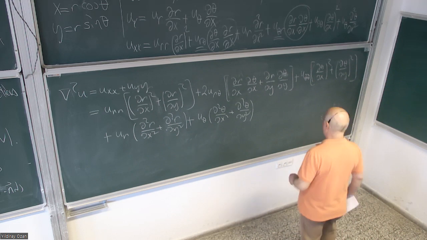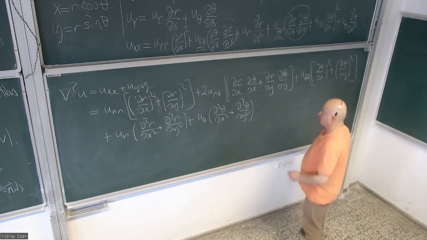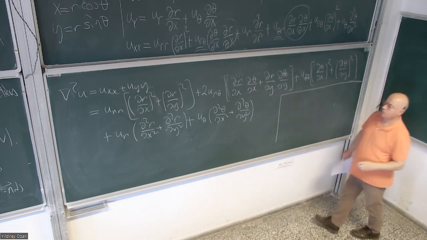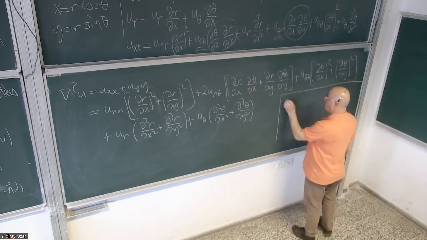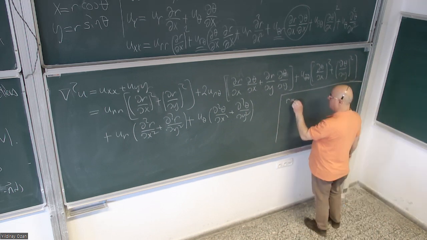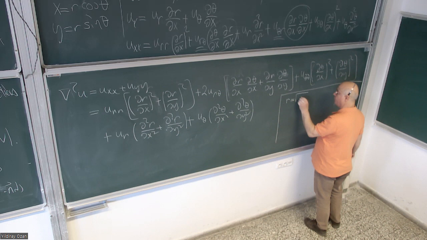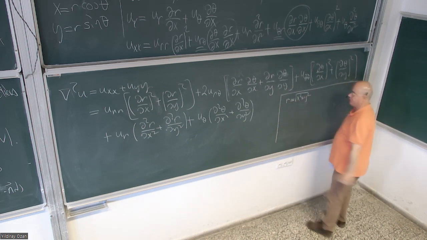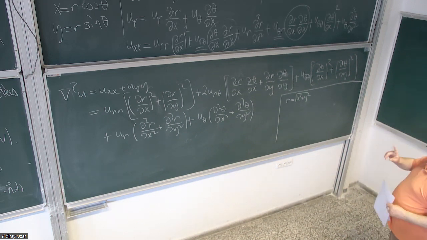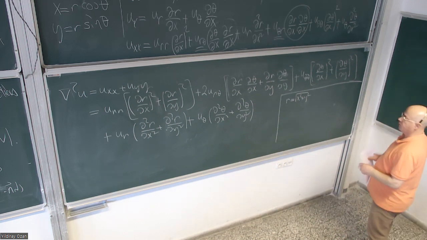Okay, so let's do that. r is just the square root of x squared plus y squared, right? So I need all the derivatives.